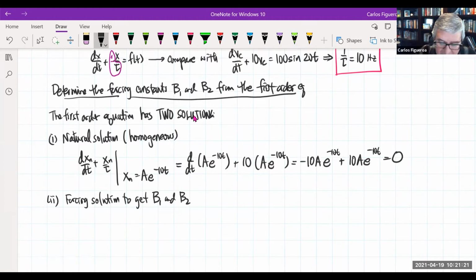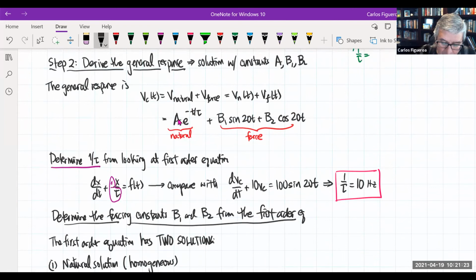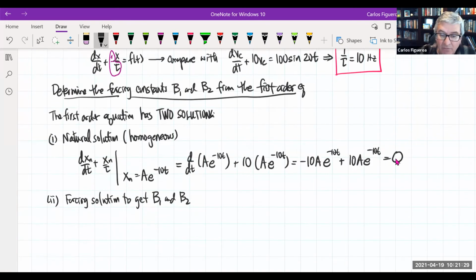A lot of people will come in and put both of these solutions in here, but if you put in the natural response, you'll always get 0. So 0 always equals 0, and doing that does not help you get B1 and B2.